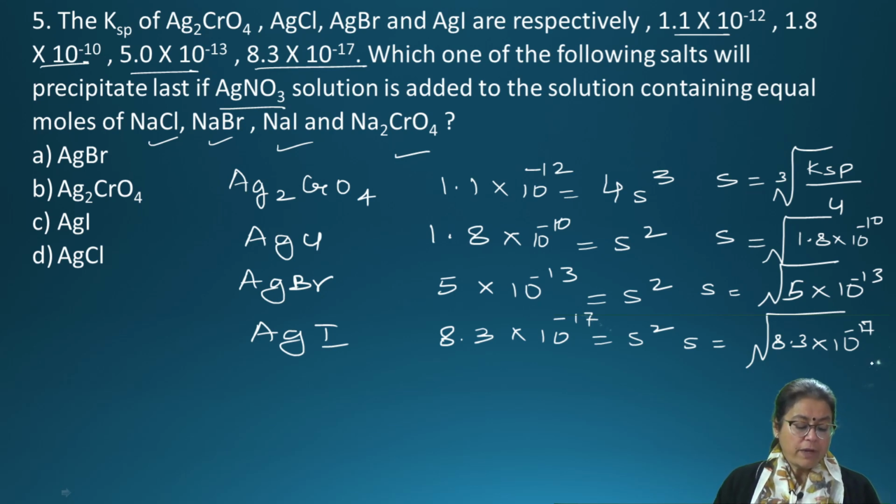So solubility of Ag2CrO4 is highest. So that is going to be precipitated at last. The correct option over here, that is going to be B.